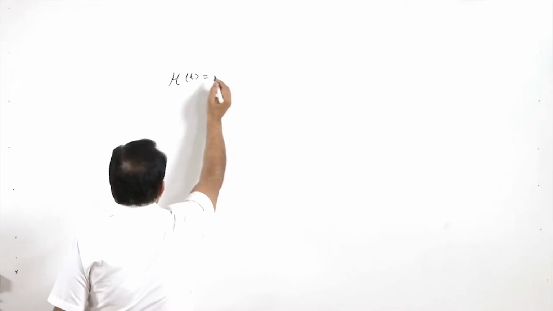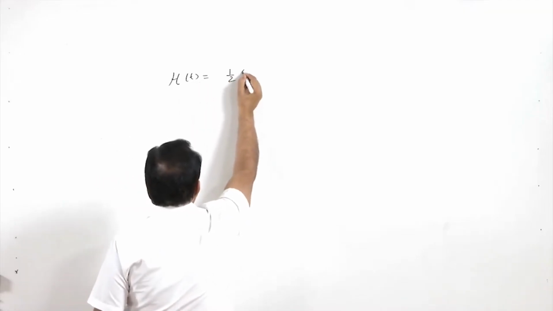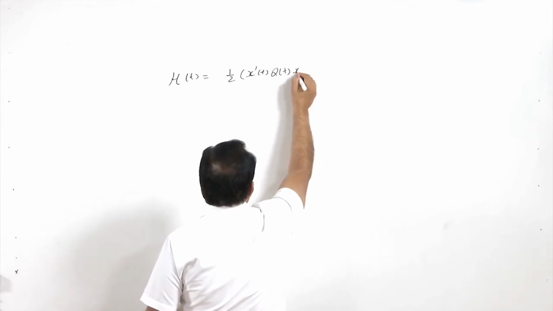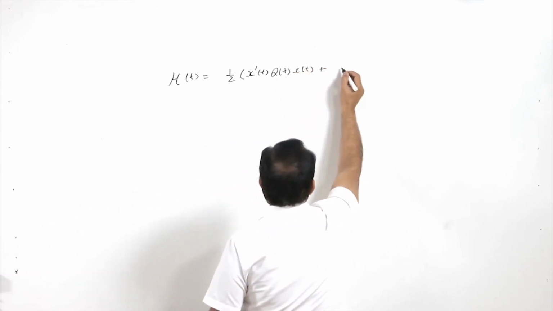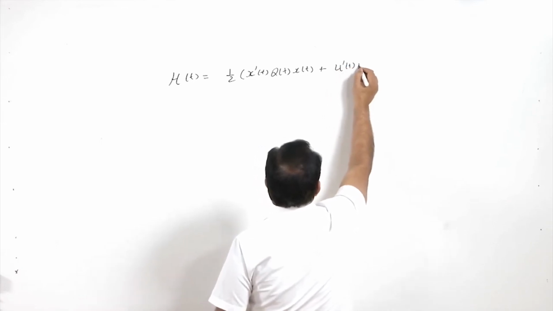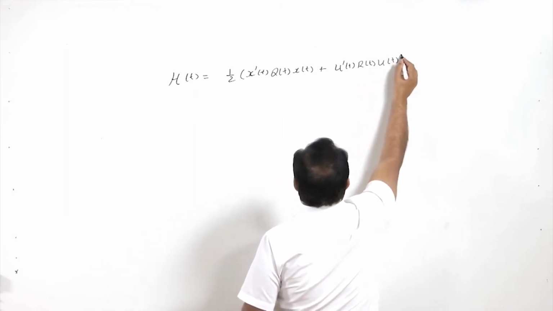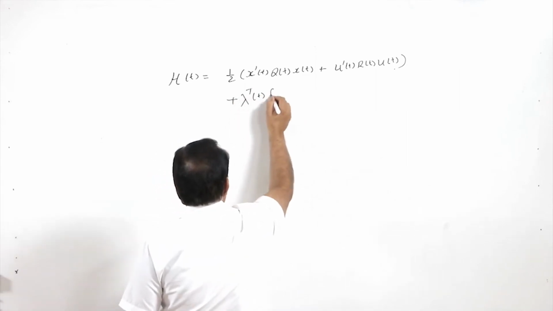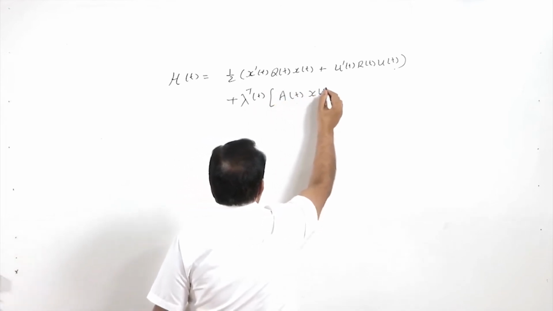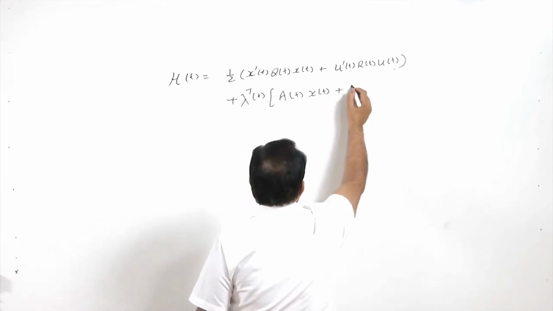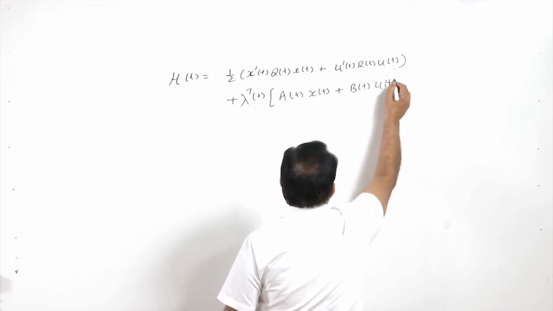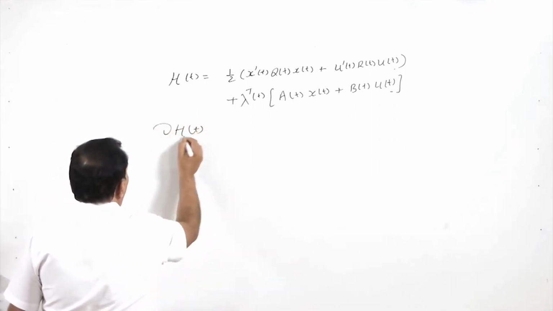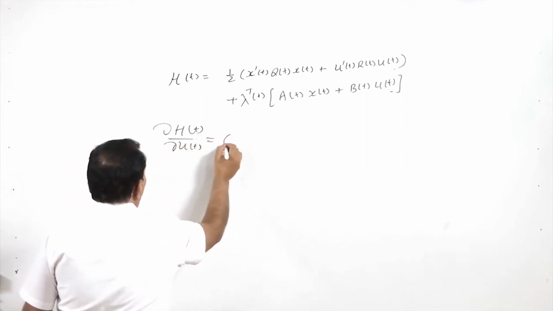have defined the Hamiltonian H as half of x prime(t) Q(t) x(t) plus u prime R u, plus lambda transpose times A(t) x(t) plus B(t) u(t), and for optimal control we have the condition del H by del u to be 0.